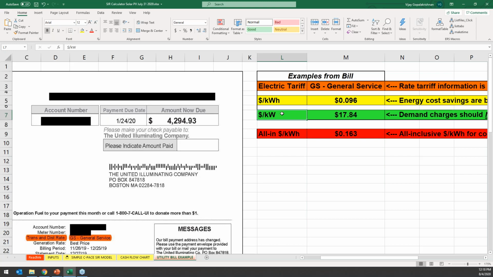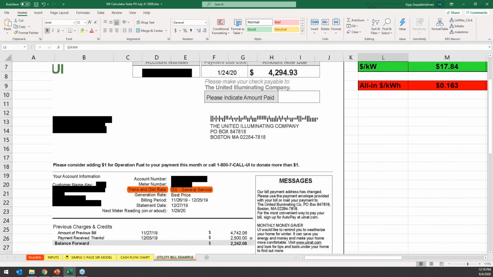And if the peak demand is set during a 15-minute window where it was cloudy and the solar PV system for some reason wasn't quite producing, then you don't get the benefit of demand reductions. So in order to be realistic and careful with how we calculate cash inflows, we don't include the kW charges. We only include the kilowatt hour charges.